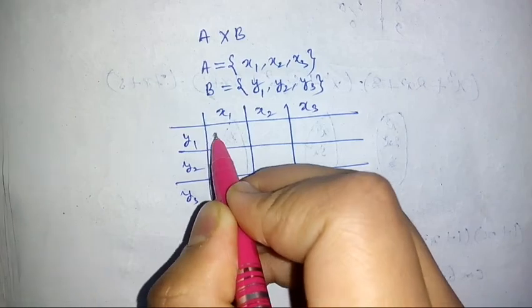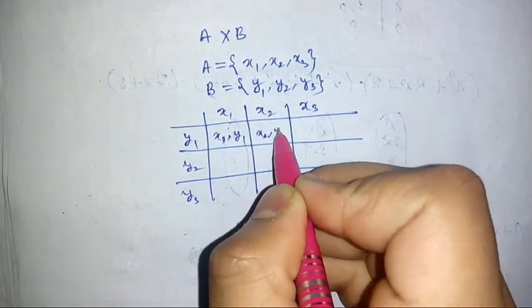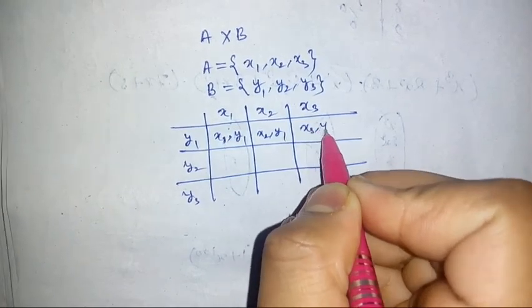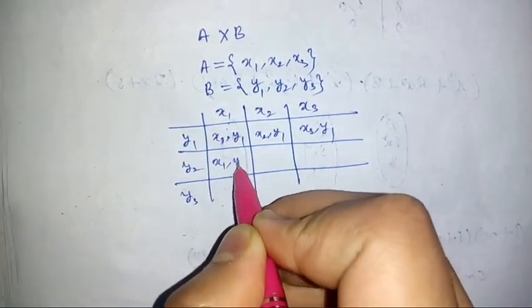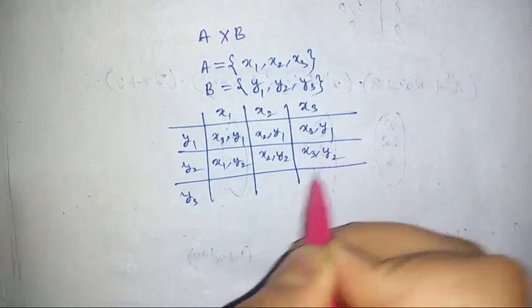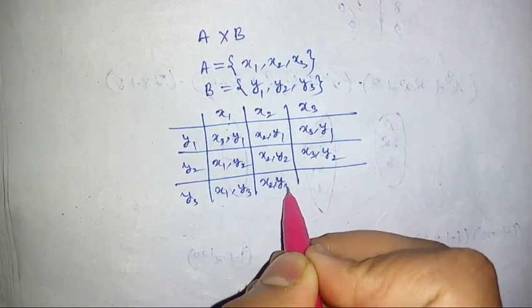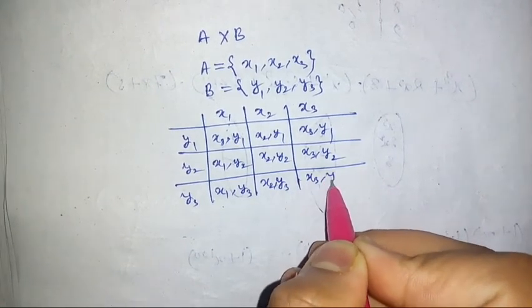Now simply combine: x1 comma y1, x2 comma y1, x3 comma y1, x1 comma y2, x2 comma y2, x3 comma y2, then x1 comma y3, x2 comma y3, then x3 comma y3.